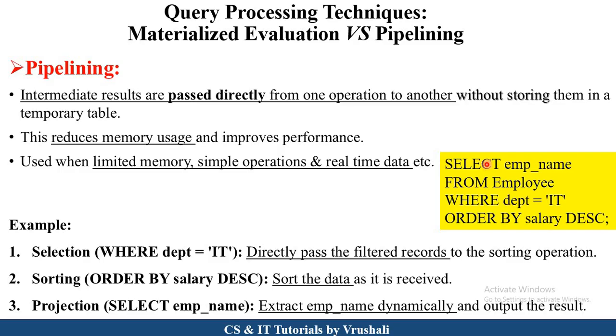So the select query extracts the employee name dynamically and displays the output to the user. This is called pipelining. It doesn't create an extra table. It just passes data from one condition to another through pipelining. So this is the difference between materialized evaluation and the pipelining technique.